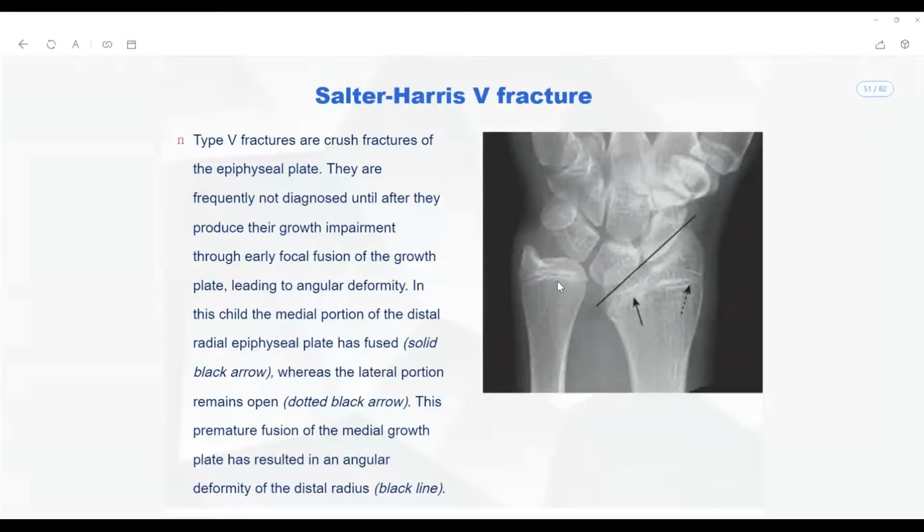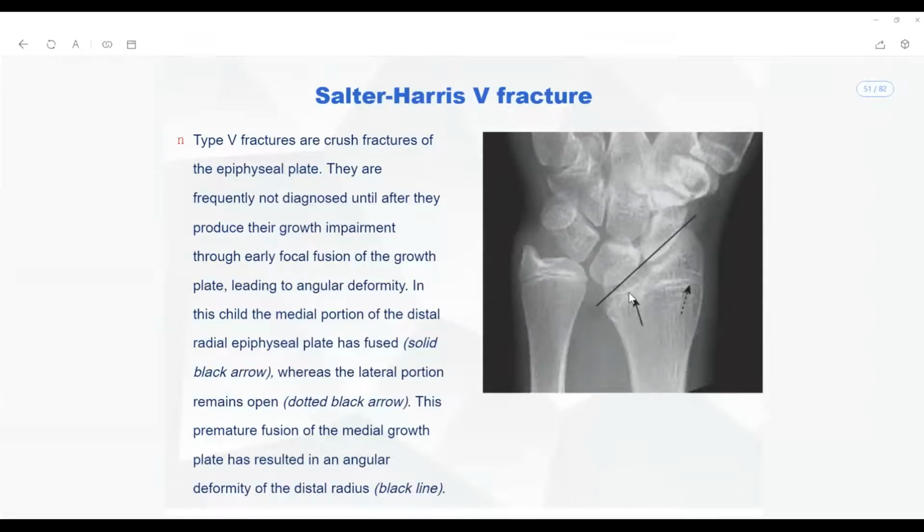The ulna, present down close to its proximity, is the one showing a complete epiphyseal plate that is intact, as you see here. But when compared to this structure, you can see on the lateral and medial side that there is a lot of fusion, which suggests an impaction of this part.